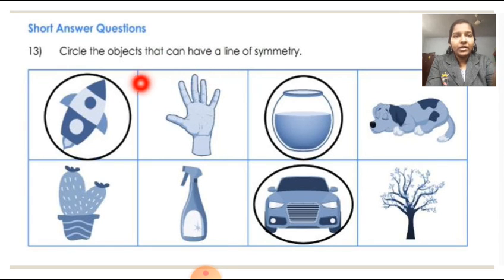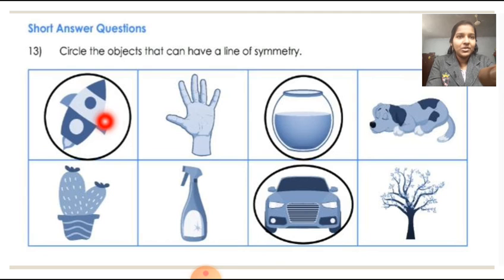Now the next question, circle the objects that can have a line of symmetry. Look at these pictures. Which are the objects we can draw a line of symmetry? Yes, on this shape and this shape we can draw the lines of symmetry. These two are asymmetrical shapes, but these two are symmetrical shapes.